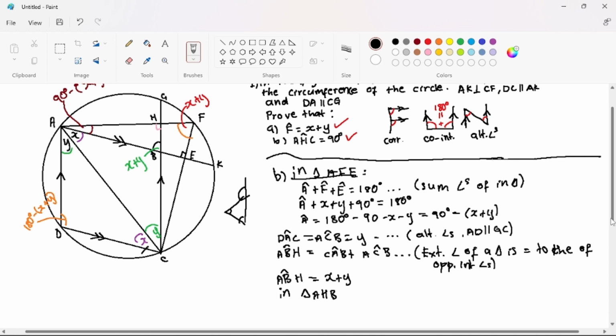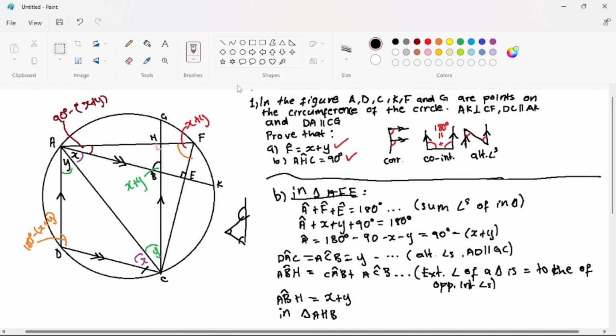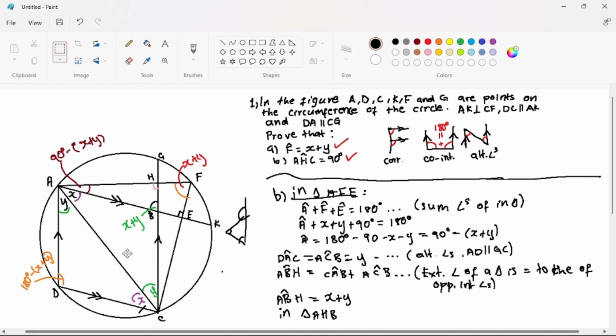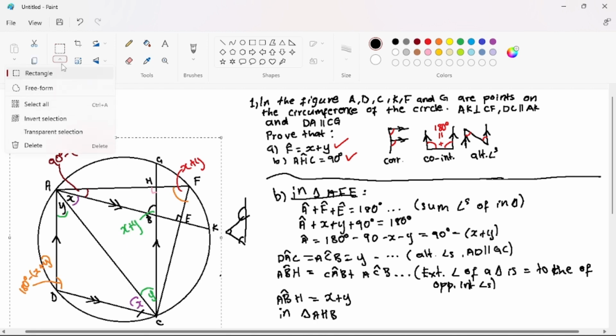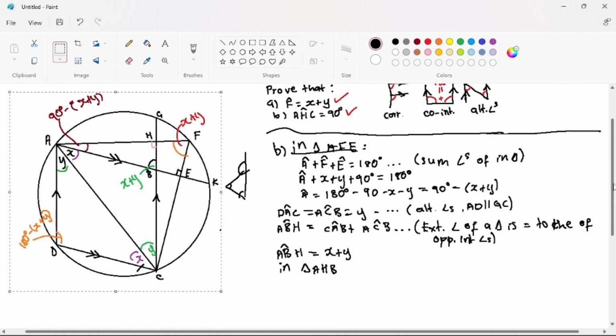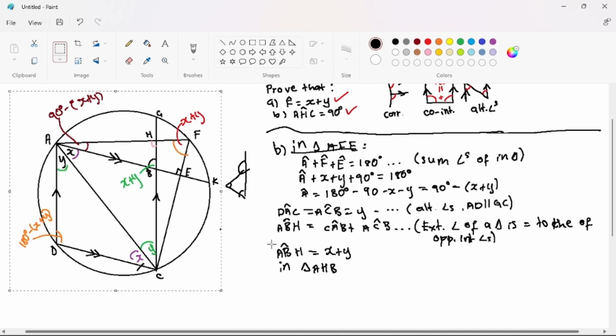So let me drag our diagram down. We are going to tell the examiner that we are considering triangle AHB.